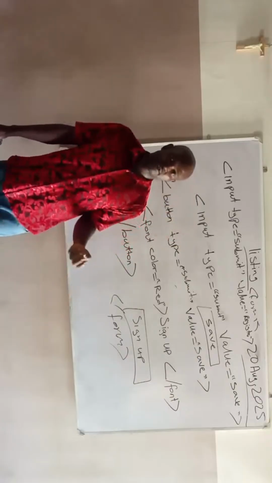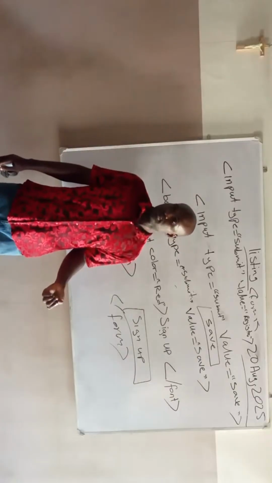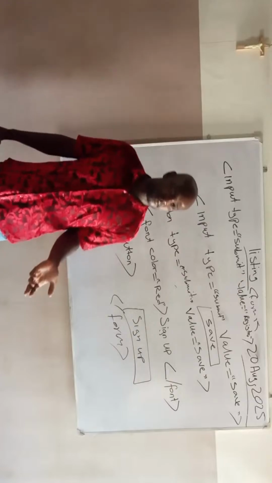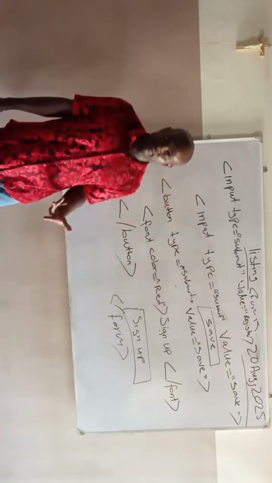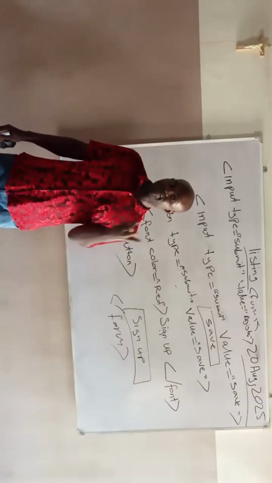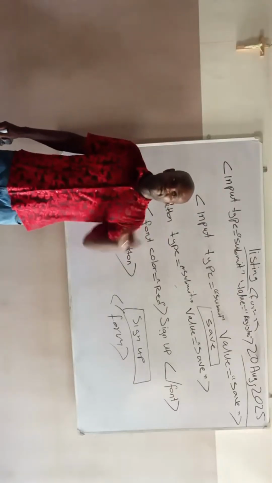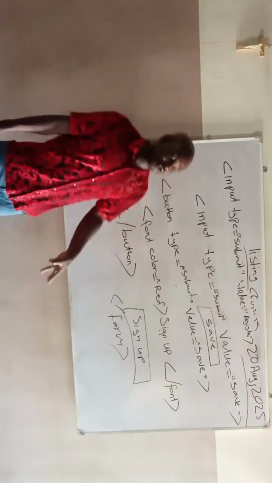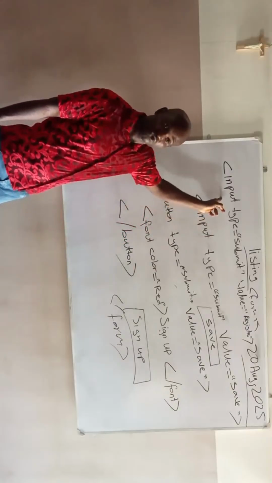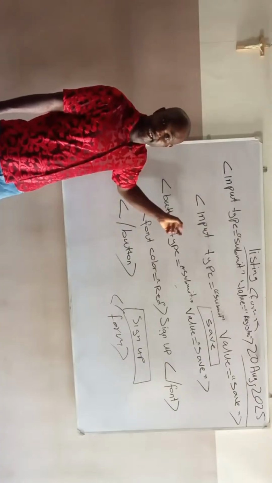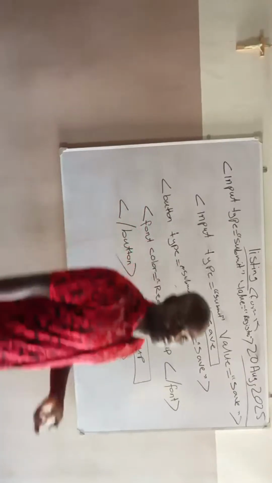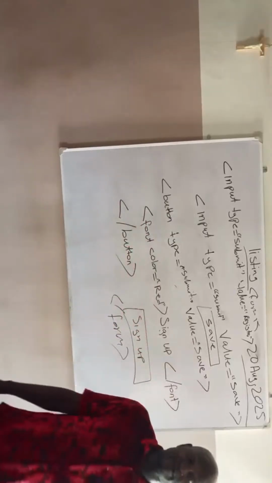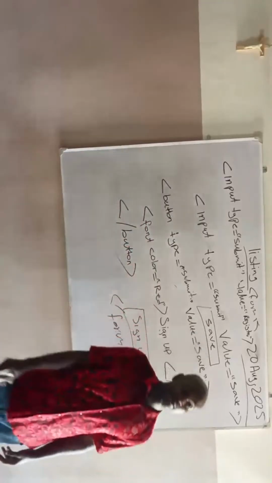We have checkbox, etc. Then I said inside our form, as an element, we have three major form field elements: one, input; two, textarea; three, select. If there are other ones I know about, but these are the three major ones.